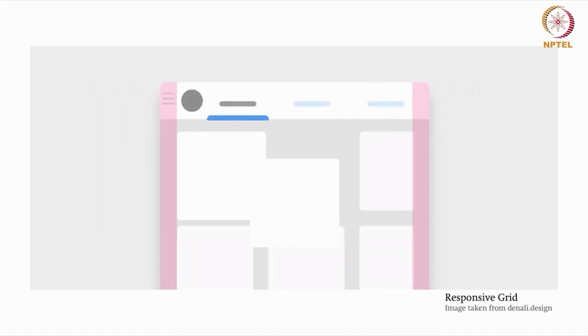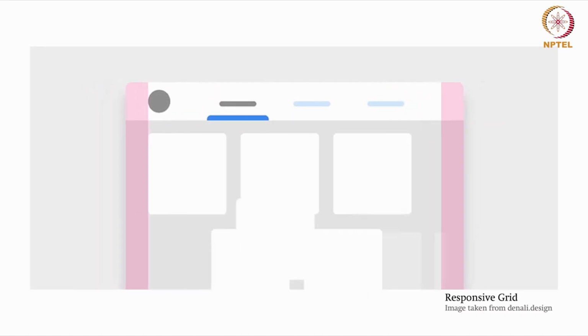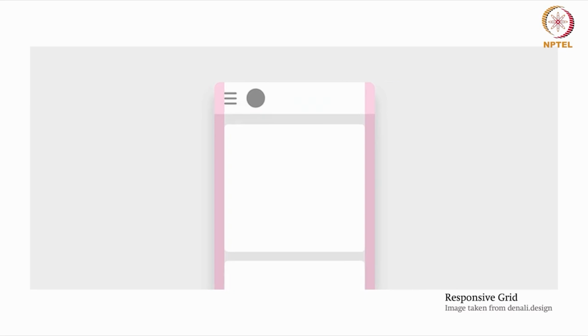So for example, if you have content which is going to be viewed on desktop, laptop and smartphone, then your grid system should be in such a manner that when you are looking on different devices, it should adapt and change accordingly.